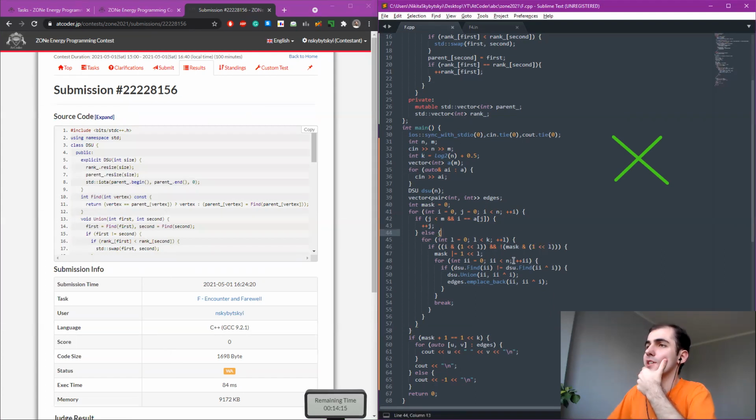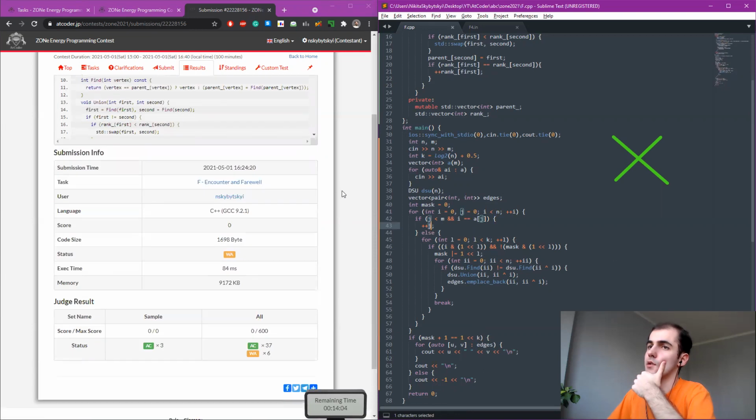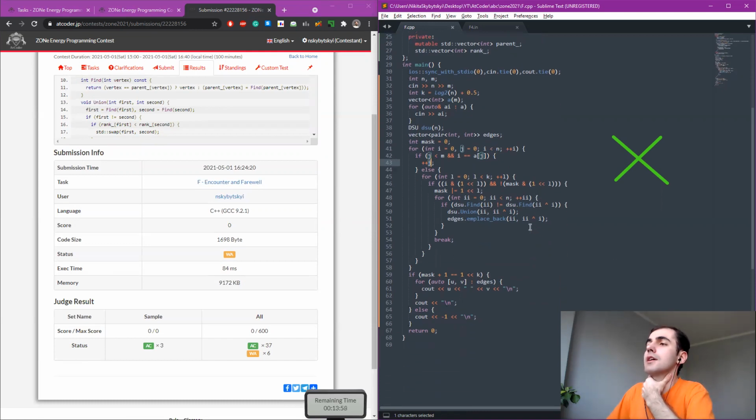The order in which we take these set bits from numbers is pretty arbitrary. It does not necessarily work. But in our case, let's see, what can be an error?